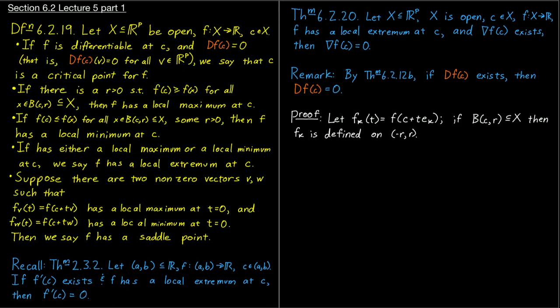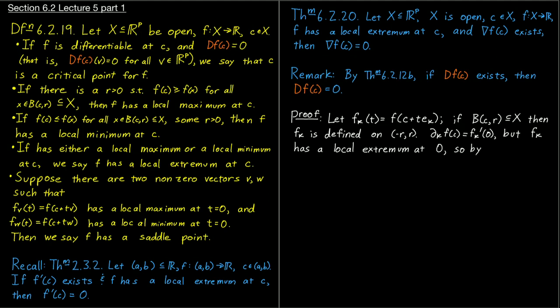And then partial k f of C is f_k prime of 0, but f_k has a local extremum at 0, and by assumption partial k f of C exists, so f_k prime of 0 exists.